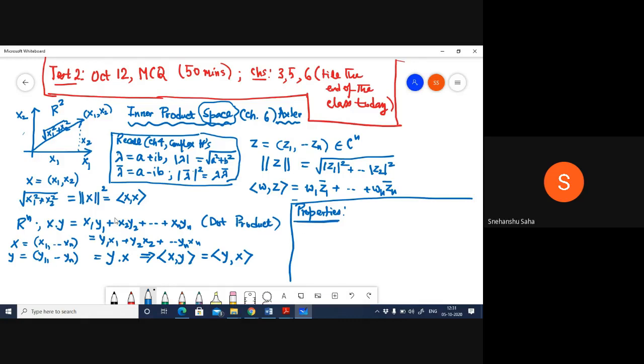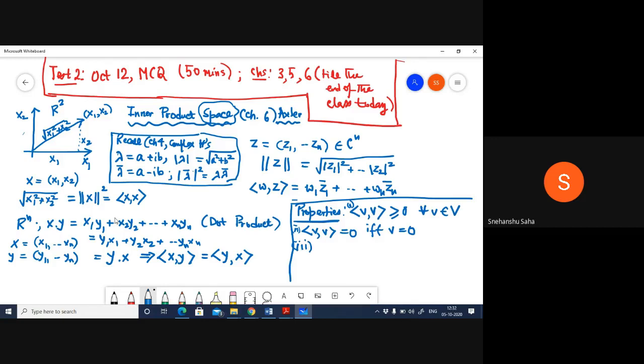The first one is positivity, which means that if I take the inner product of a vector with itself, it is going to give me greater than or equal to 0. The second property is known as definiteness, which says that if my inner product is 0, then the only possibility under which it can happen is that the vector itself is identically 0.